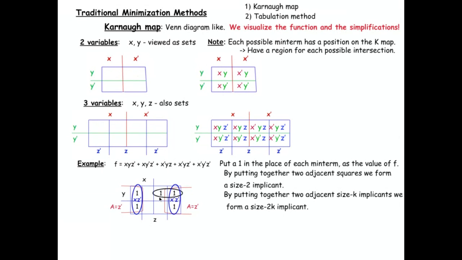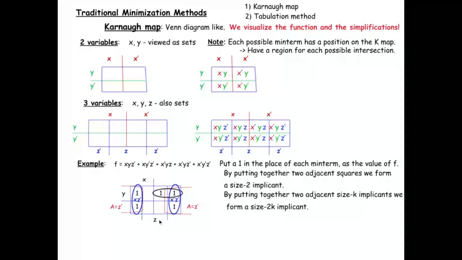Alas, there is another one here, the 5th one, that is not part of A. So A does not encompass it. That particular one could have been expressed by x prime, y, z, so we can just have it as a separate term.